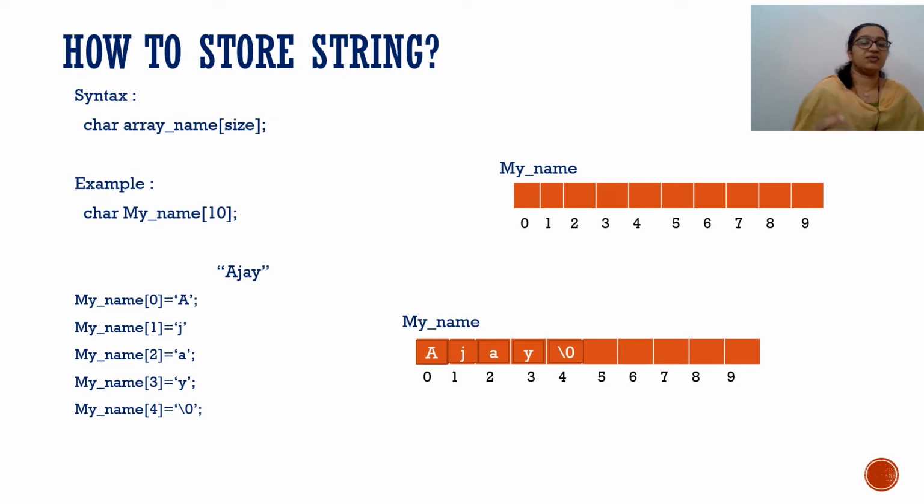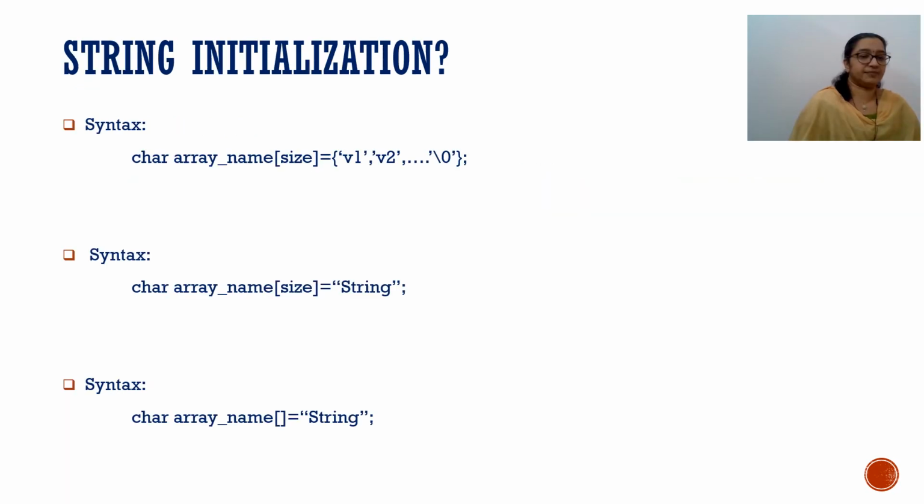Now next we can see how to initialize values in a character array. For string initialization, there are 3 syntaxes, different styles we can use. The first syntax is: char, array name, then the size in square brackets, equal to, brace open, character 1, 2, 3 according to the length.